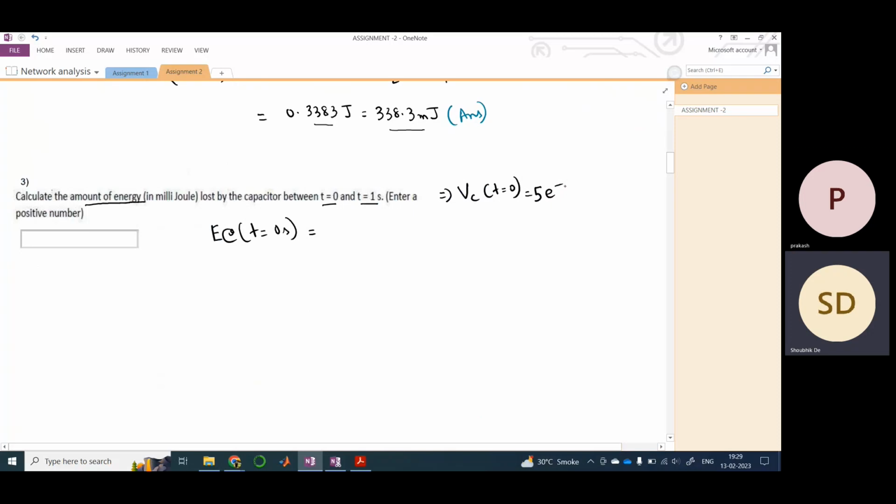So here we place 0, and this would be 5 volt, because this is time t equals 0. Therefore the energy would be half C V square. My C is 200 millifarad, I'm really sorry, and this is 5 square, in joule.